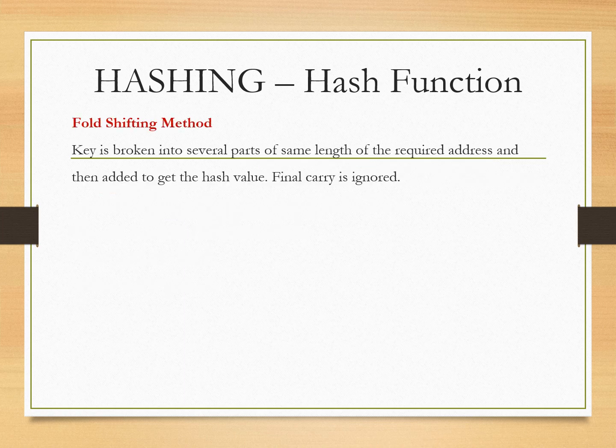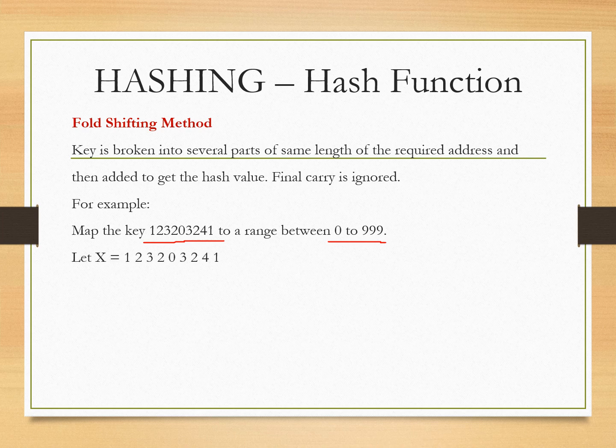So what is this fold shifting method? See, here is the key value which is to be inserted, and the size of the table is 0 to 999, that is 1000. So what am I doing? I am taking this as x, then splitting it into groups of 3s.